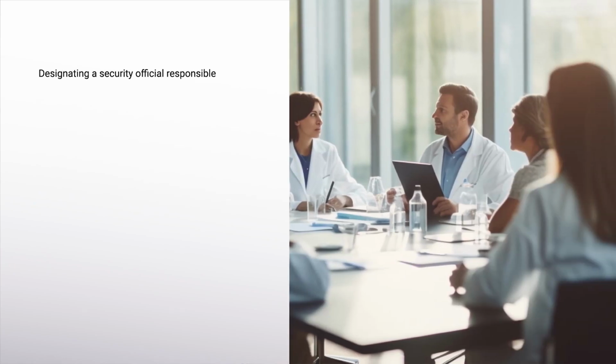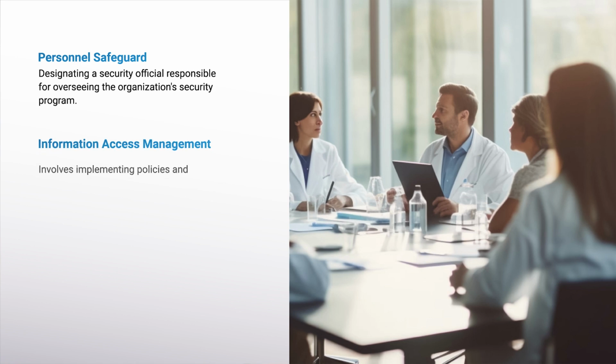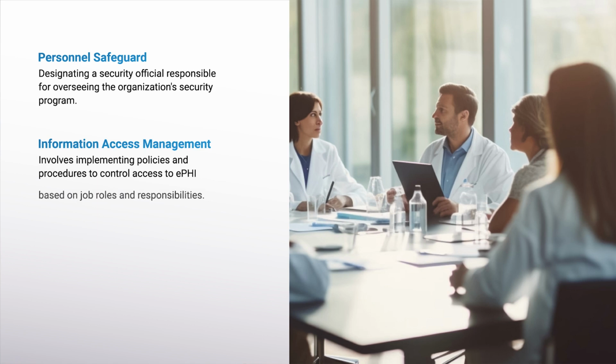Designating a security official responsible for overseeing the organization's security program is an important personnel safeguard. Information access management involves implementing policies and procedures to control access to ePHI based on job roles and responsibilities.